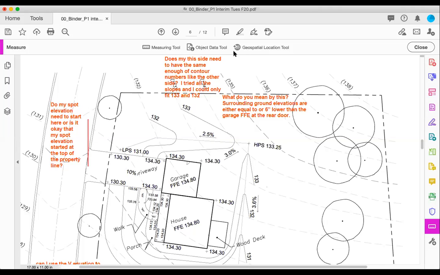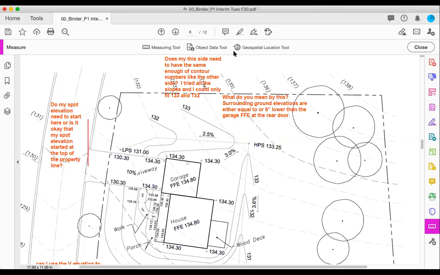The garage, in this case, would not be required to do that. It's basically your garage corner can be the same as your garage FFE, or it could be half foot below, but you don't have to maintain the same difference as the house. Does that make sense?